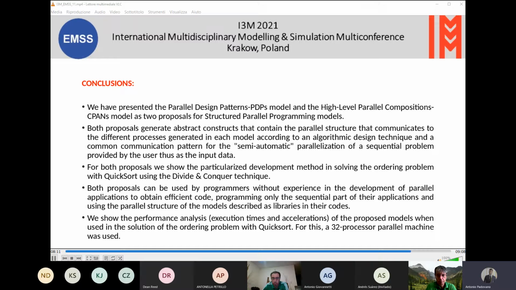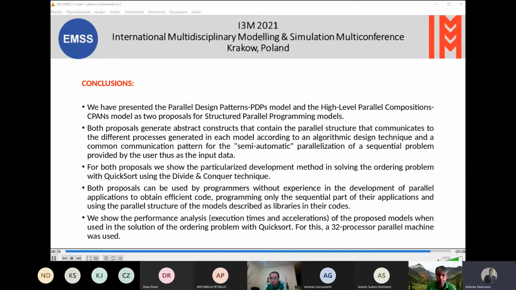For both proposals, we showed the particularized development method in solving the ordering problem with quicksort using the divide and conquer technique. Both proposals can be used by programmers without experience in the development of parallel applications to obtain efficient code, programming only the sequential part of their applications and using the parallel structure of the model described as libraries in their codes.